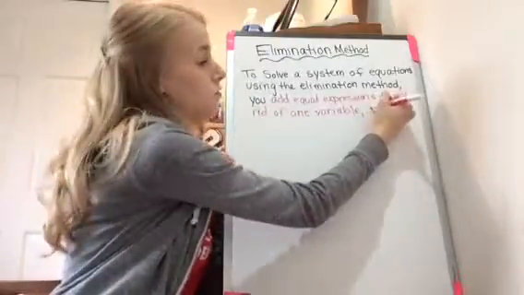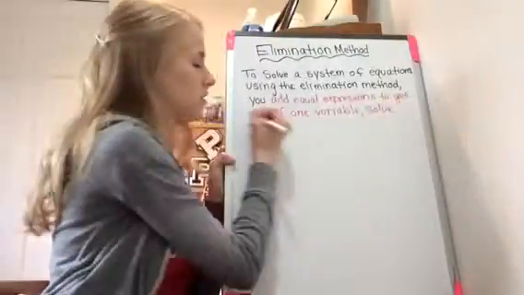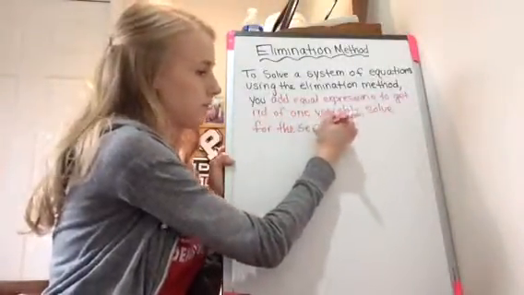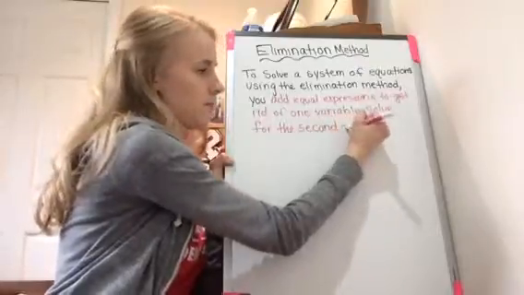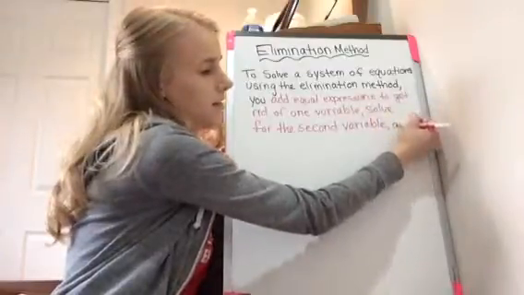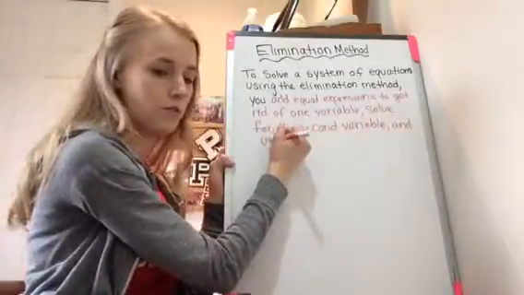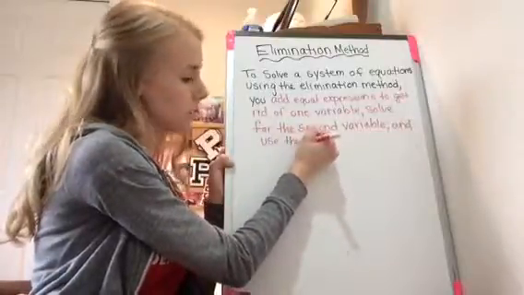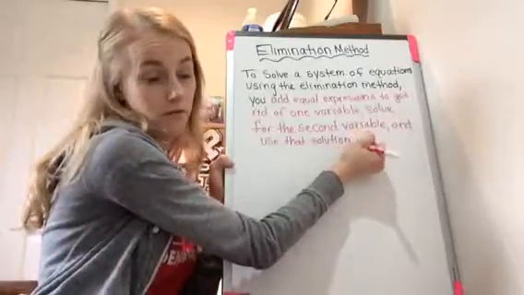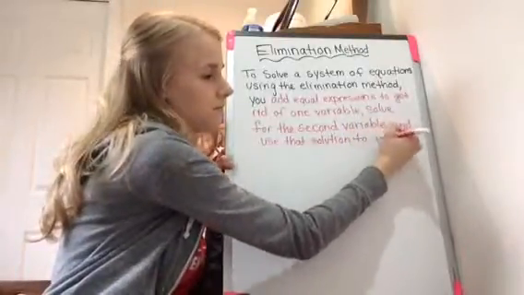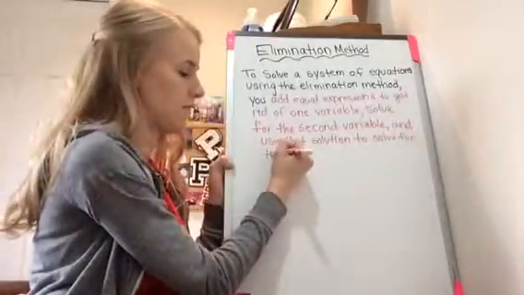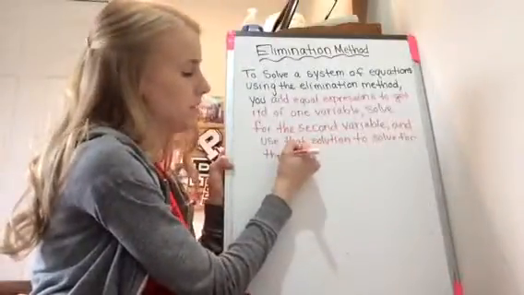Next, then, you solve for the second variable. And then you need to use that solution to solve for the final variable. And by final, I mean the first variable, the one we didn't use.